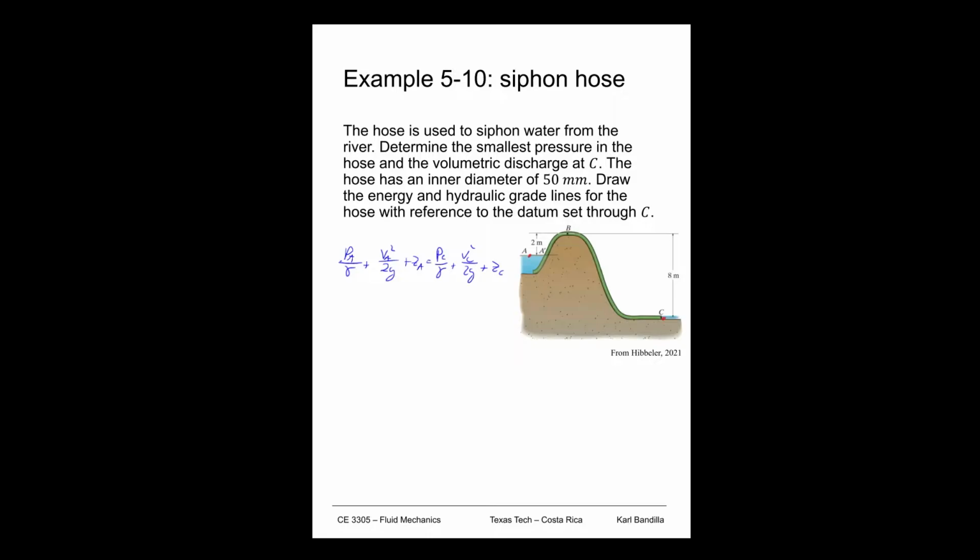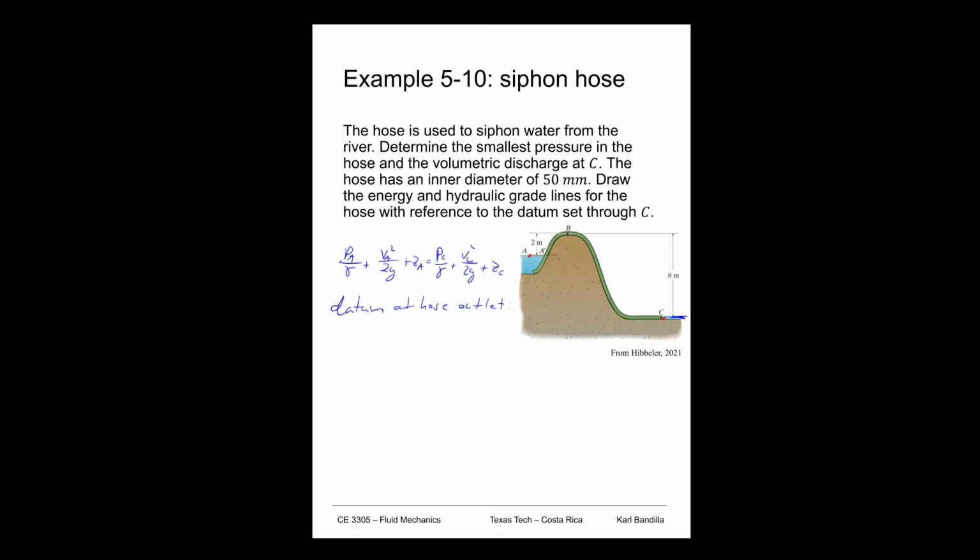That's often the easiest. So we will set our datum to be right down here. All right, so we can say datum at hose outlet. There we go. All right, so that means my point A at the surface of the river, we know that the top of this hill is 8 meters from our datum, but then we go down 2 meters.